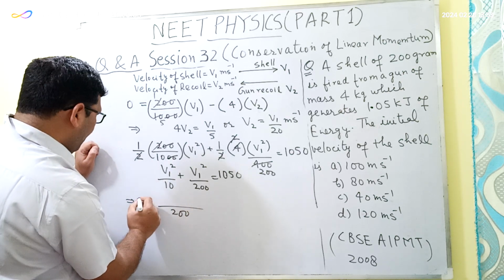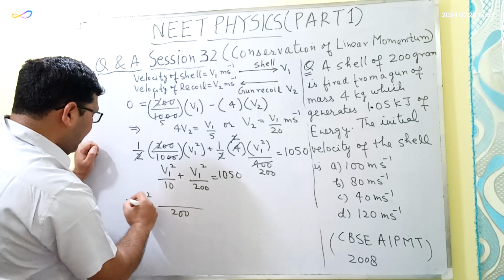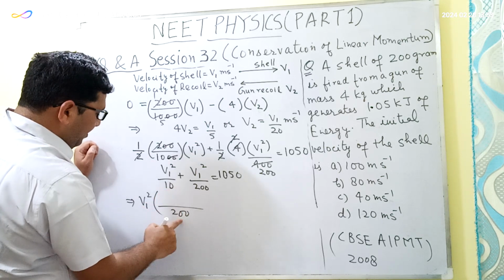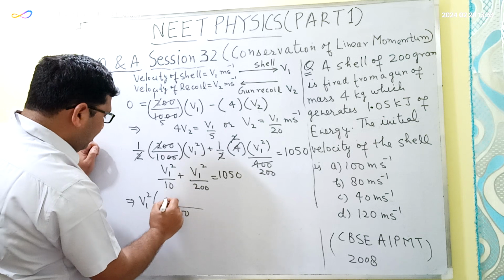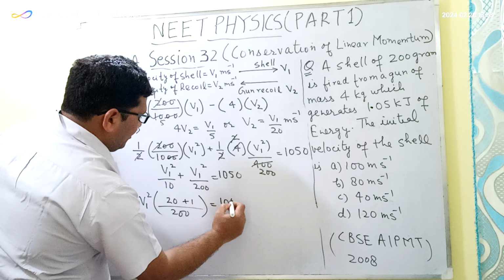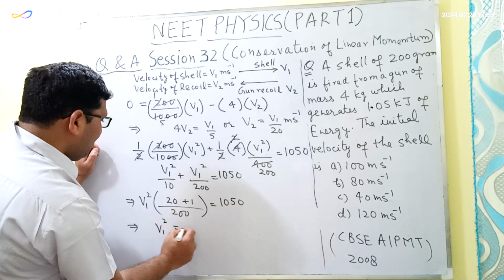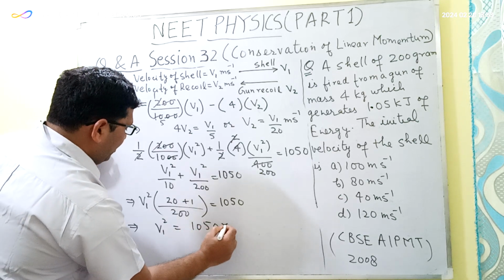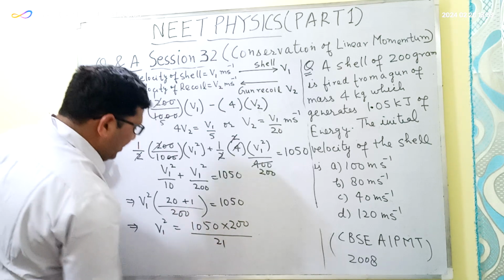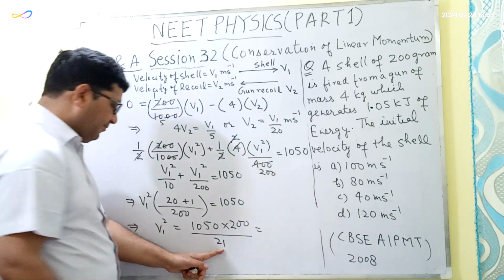V1 square can be taken as common. So I will be getting 20 plus 1 equal to 1050. So it implies that V1 square is equal to 1050 into 200 divided by 20 plus 1, which is 21.